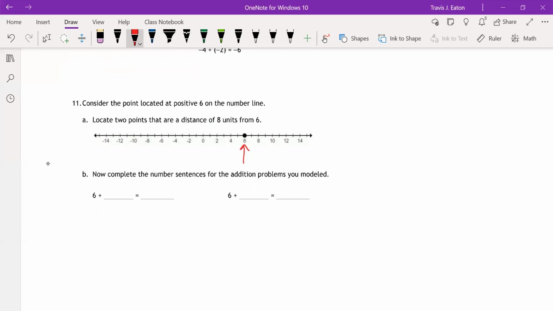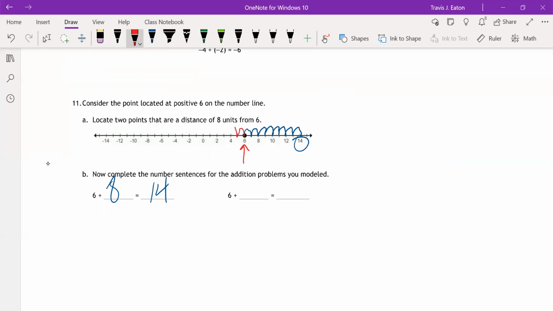So, if we start at 6, obviously I can count up 8 units from 6 in the positive direction. 2, 3, 4, 5, 6, 7, 8. And look where I end up. 6 plus 8 equals 14. But can't I count 8 units the opposite direction, in the negative direction? It's still 8 units, but it's in the negative direction.